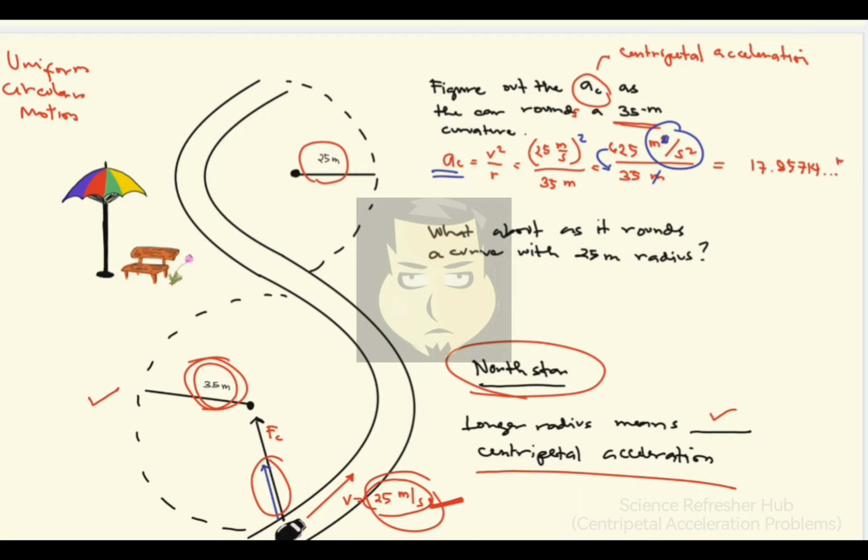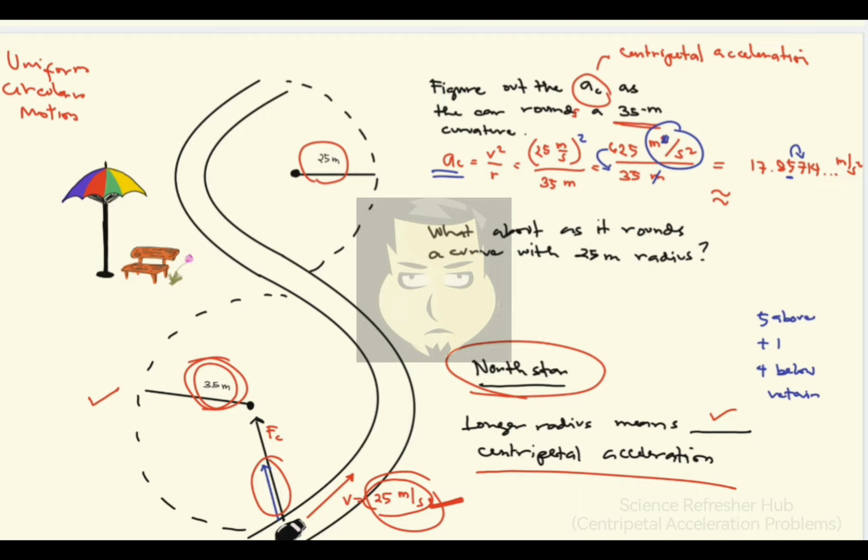Don't forget to have the unit meter per second squared, or we can simplify it by rounding it off. So let's say we will end in this figure. So 5, look at the number to the right, it's 7. If you have 7 above, plus 1. If you have 4 below, retain the number.